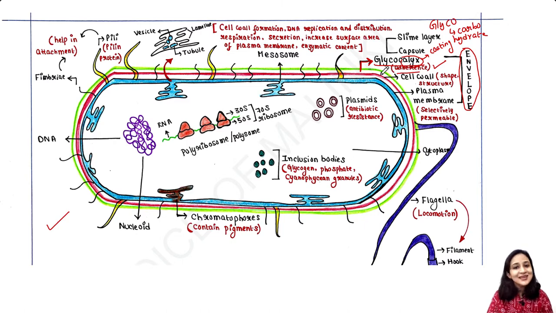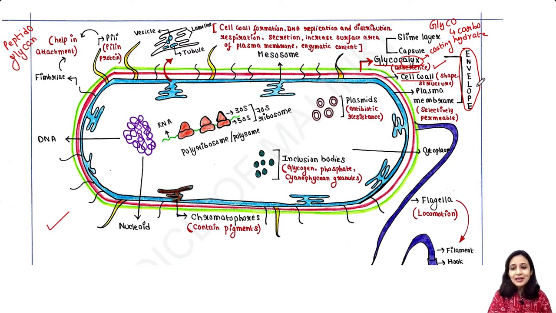Second, beneath glycocalyx, you will get cell wall. Bacterial cell wall is made up of peptidoglycan.